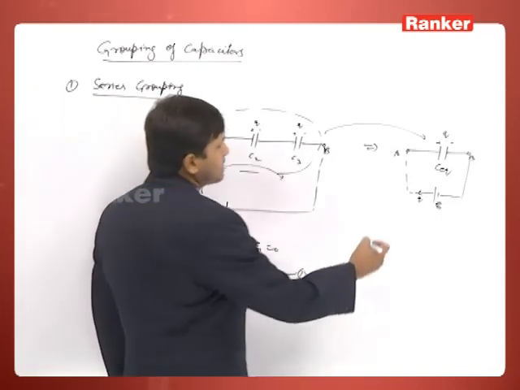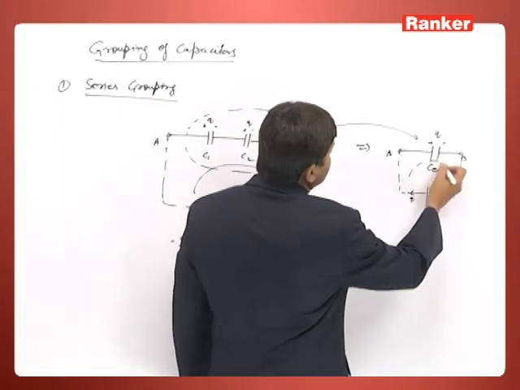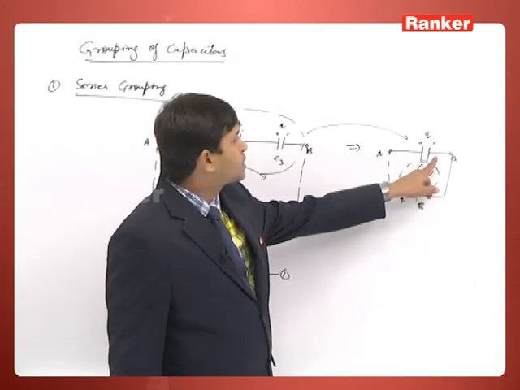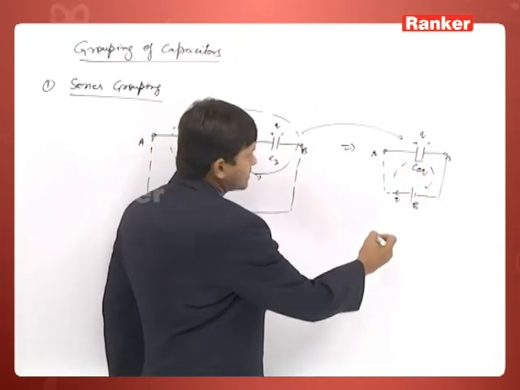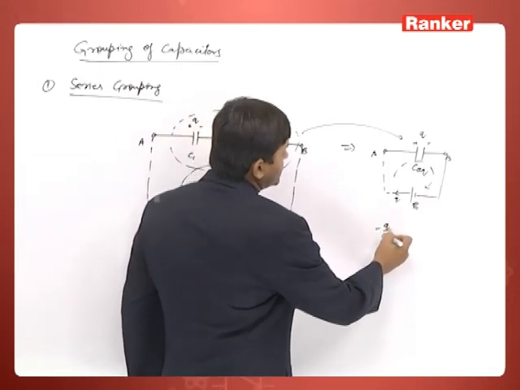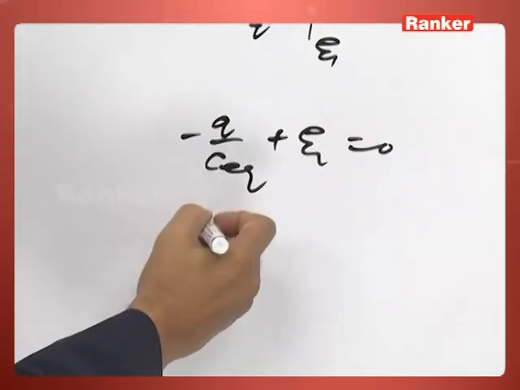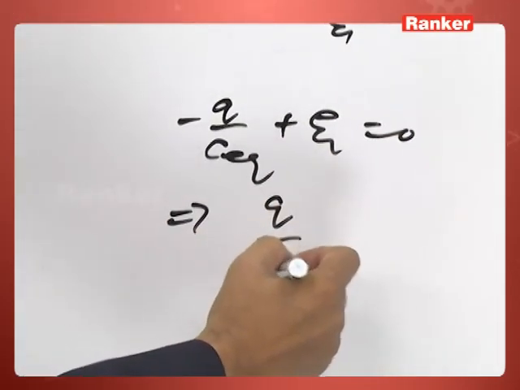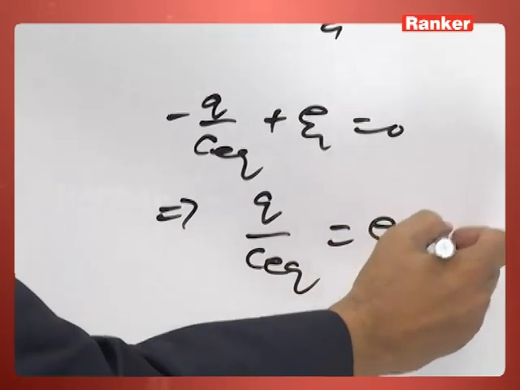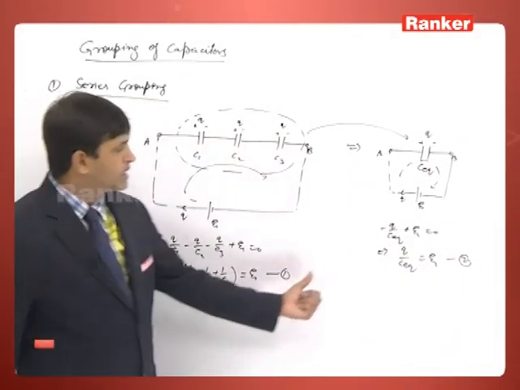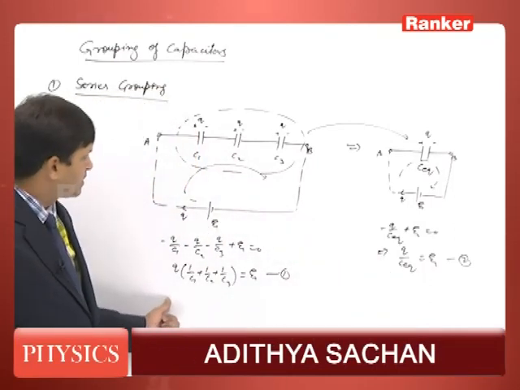Similarly, we apply the same Kirchhoff law here. Minus Q by C equivalent plus E is 0. Then Q by C equivalent is equal to E. See from equations 1 and 2 the similarity.